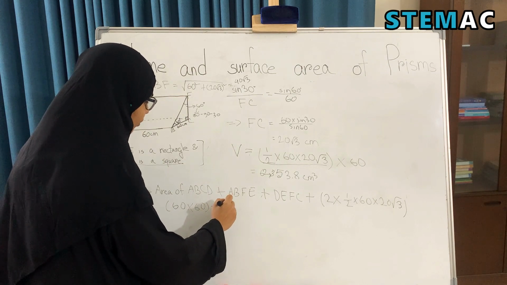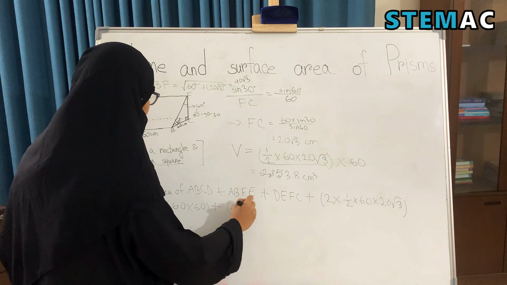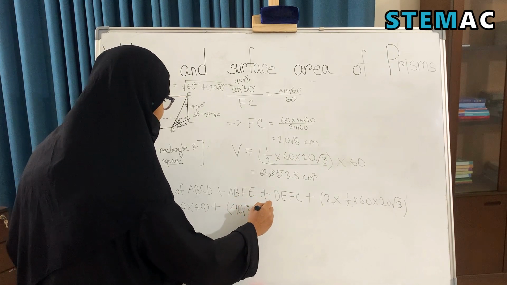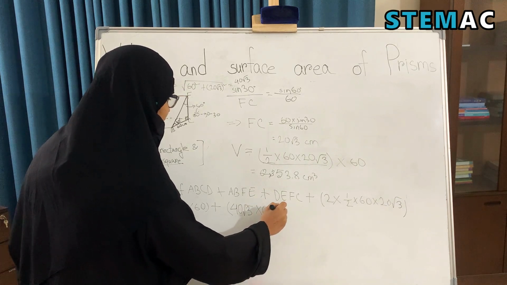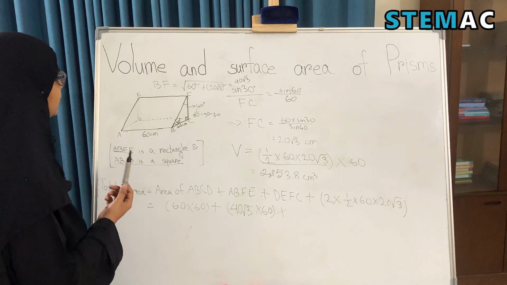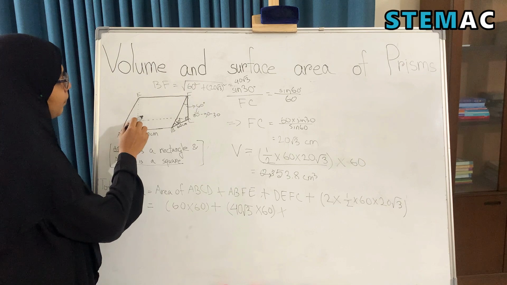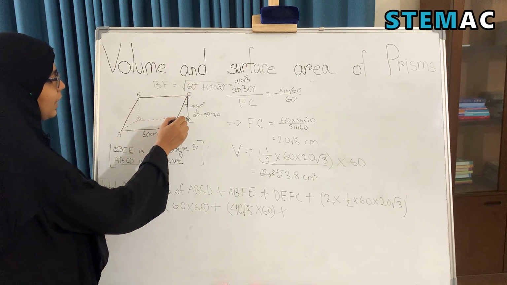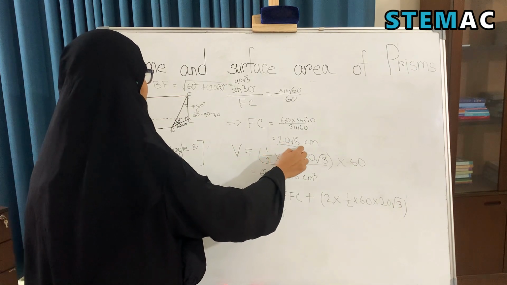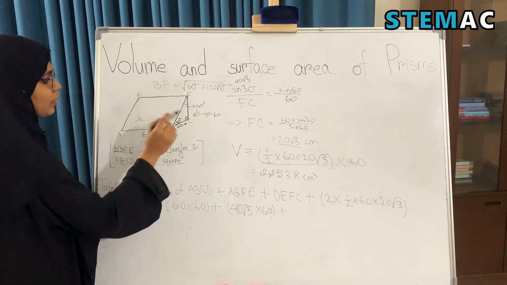So the area of ABFE is 40 root 3 multiplied by 60, plus DEFC. DE has the same length as FC, so that would be 20 root 3 multiplied by 60.